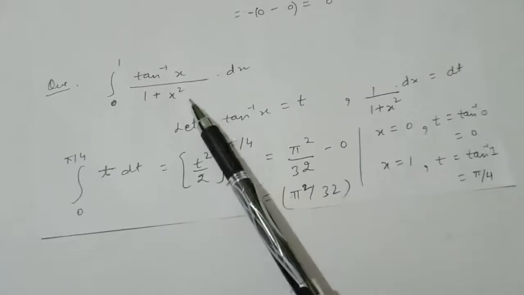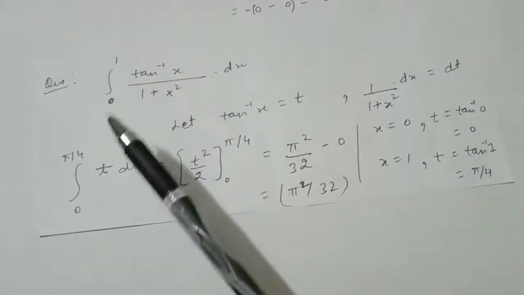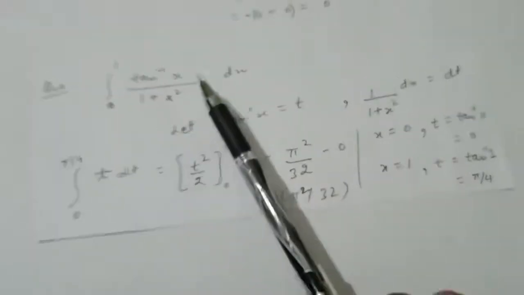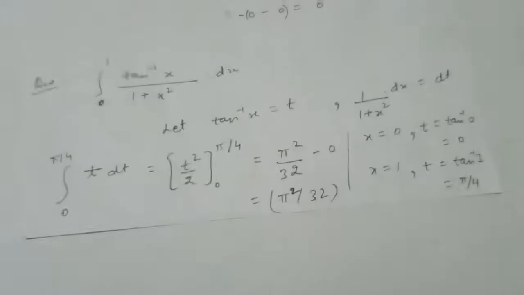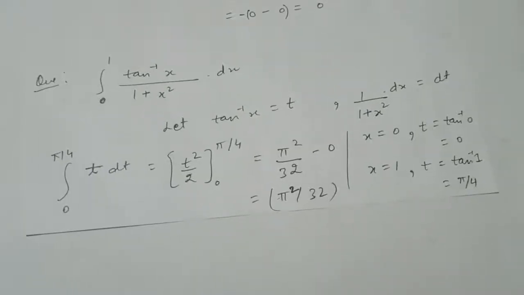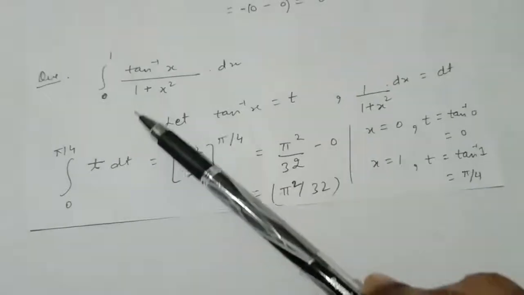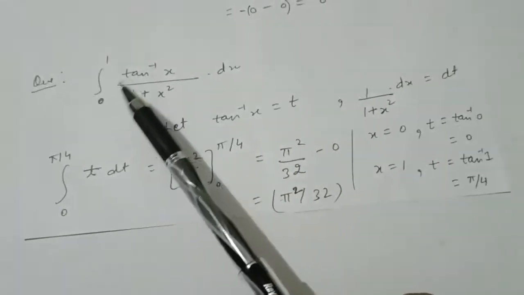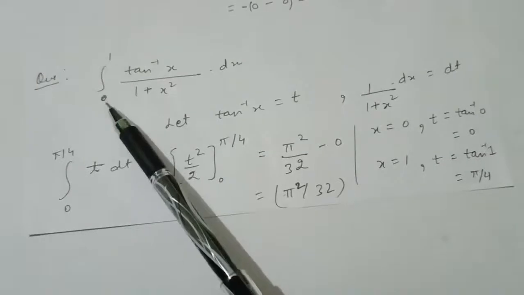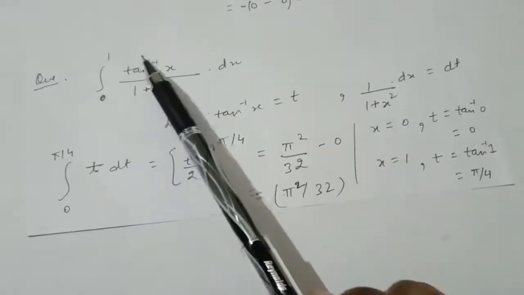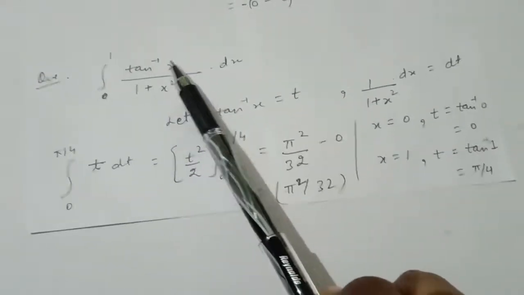Now see, this integral will become, in place of tan inverse x, t, and in place of 1 upon 1 plus x square into dx, dt will come. Also, while using the method of substitution in case of definite integral, change the limits. Now here these are the limits when the function is in terms of x.